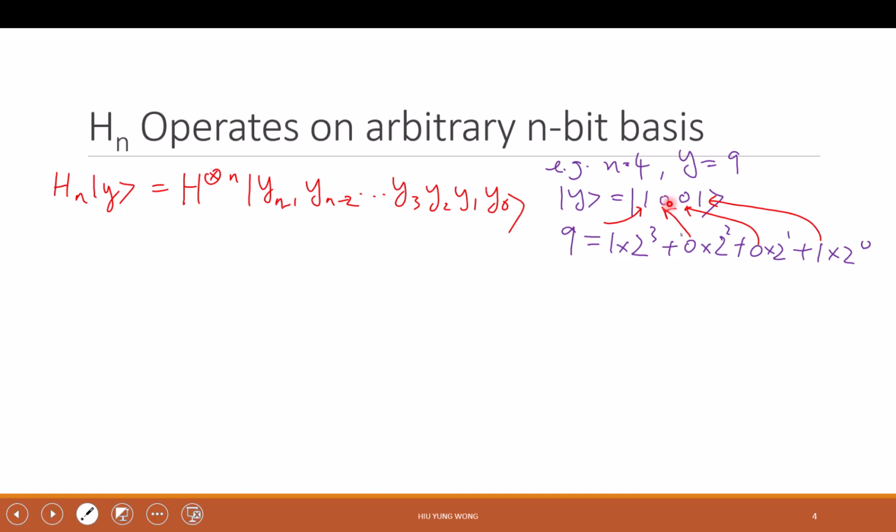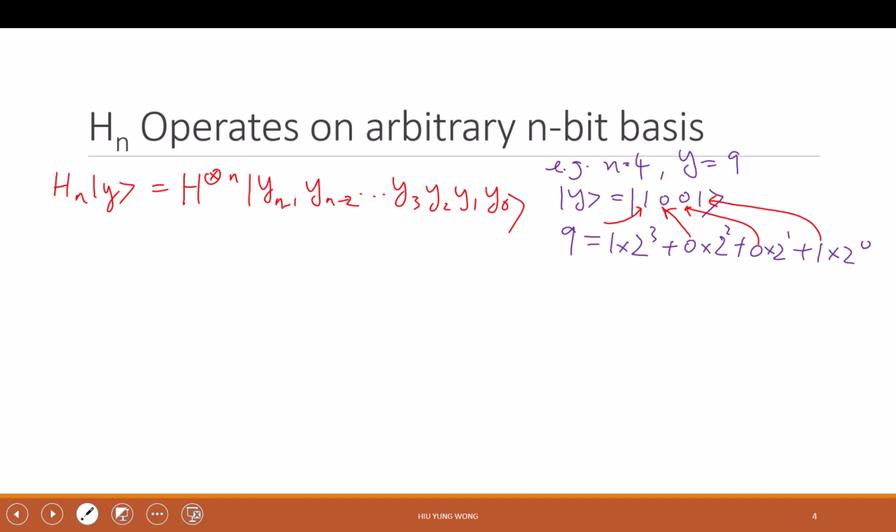So I write it as 1001 because this represents 1 part of 2 to the power 0, 0 part of 2 to the power 1, 0 part of 2 to the power 2, and 1 part of 2 to the power 3. That's why you add together to equal 9. And that is the binary representation, right? So for this state, it can go from 0 to 2 to the power n minus 1. Okay, let me ask you, when n equals 4, what are the possible values? I just gave you the equation.